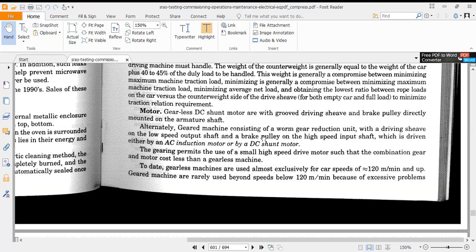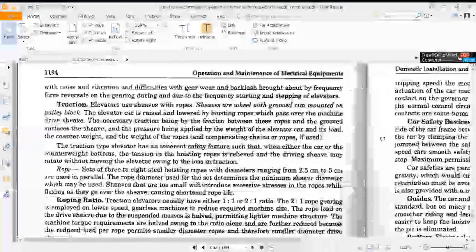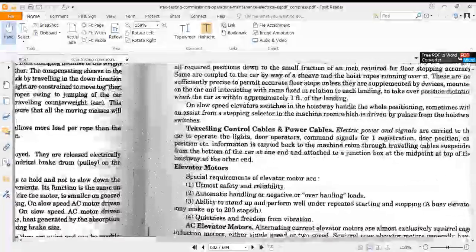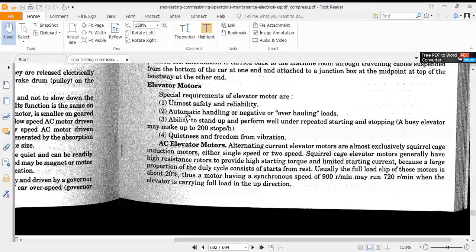DC shunt motor is very good if you want smooth control, but operation is difficult. Therefore, AC induction motors can do it. So this is all about elevators.